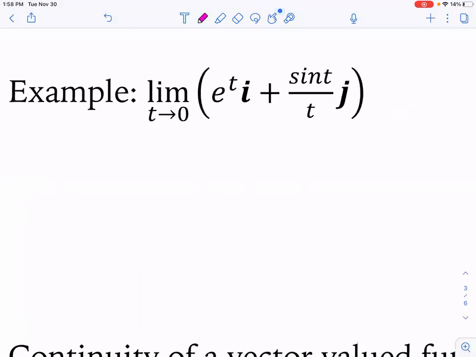Okay, the limit as t approaches 0 of e to the t. Dane, what is that? No? What's e to the 0? Andre, what about sine of t over t? What do we have to do?